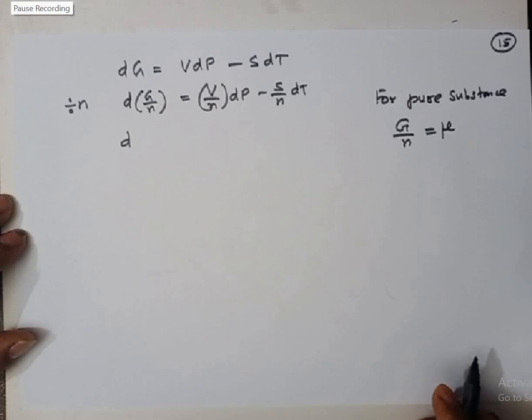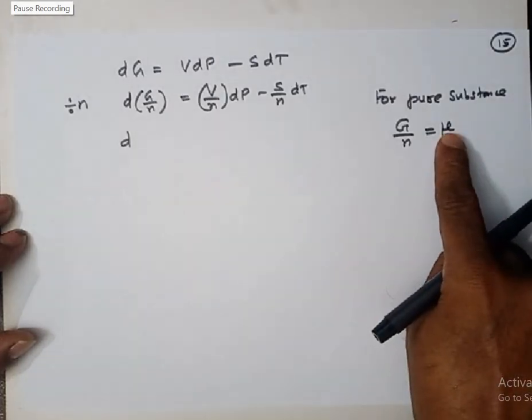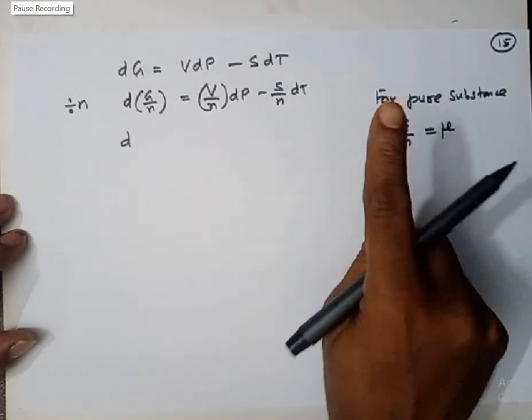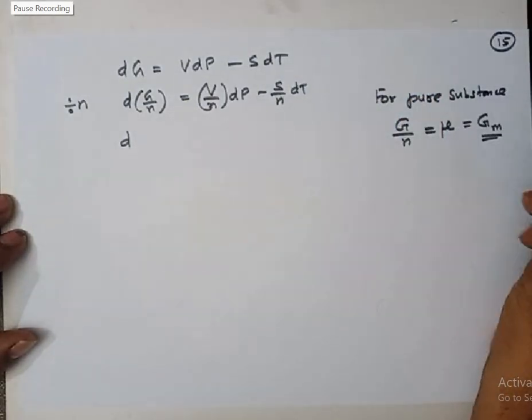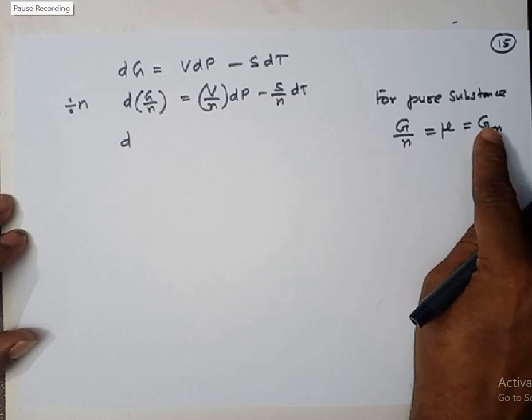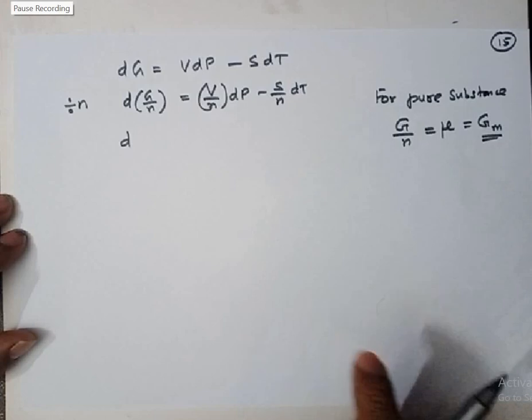So chemical potential is nothing but molar Gibbs free energy, that is Gibbs free energy for 1 mole. Sometimes we also write this as Gm. Gm means molar Gibbs free energy.